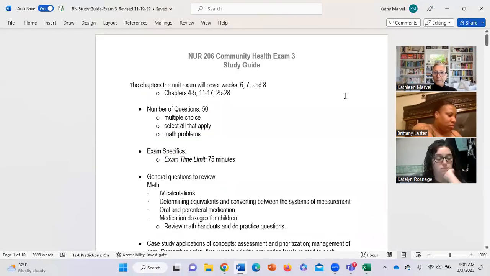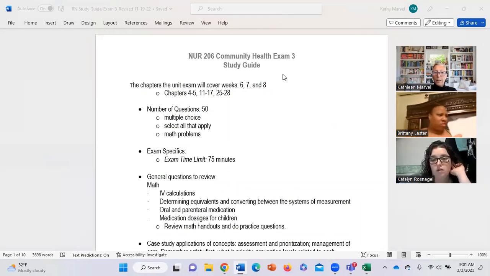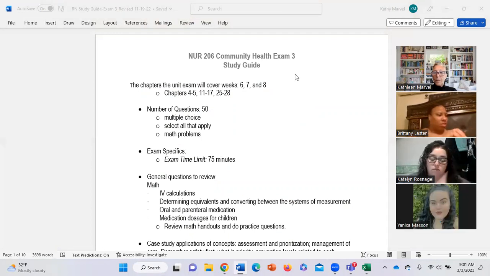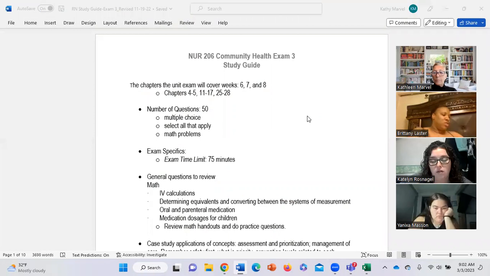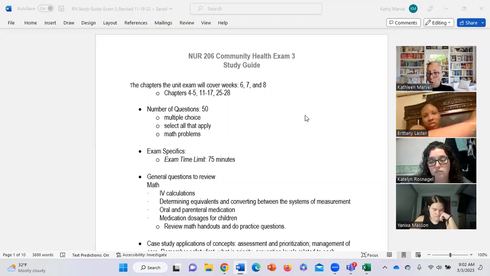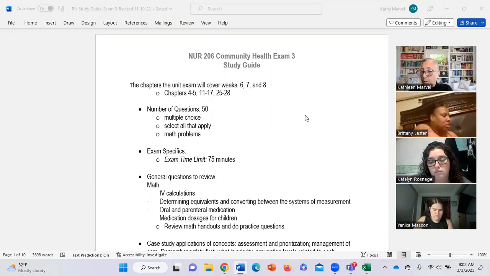Can you see that? Have you had a chance to look at the study guide yet? Yes. Sometimes it just doesn't match what the teachers are doing, so I've had time to look at it, but of course it doesn't match. Sometimes it doesn't.